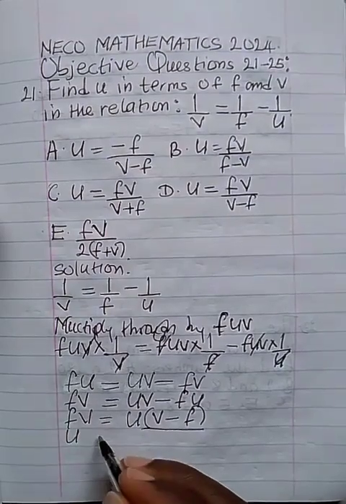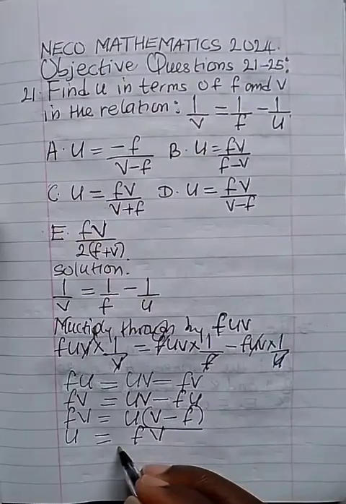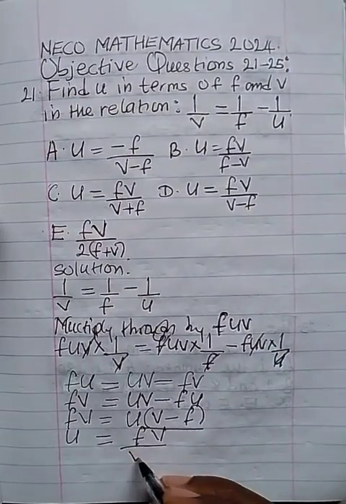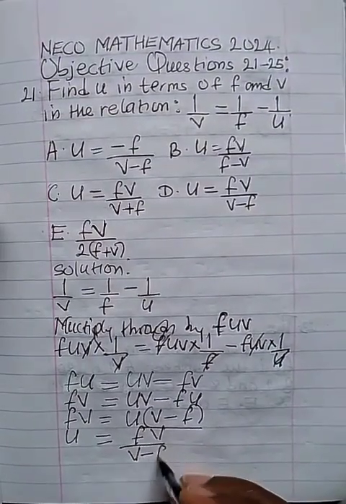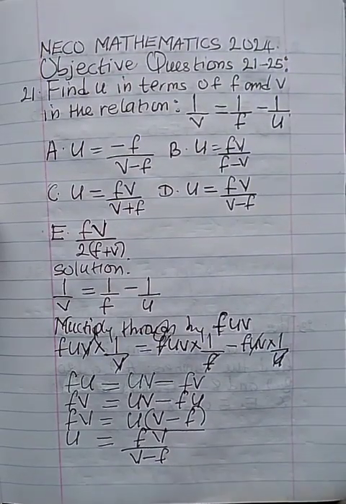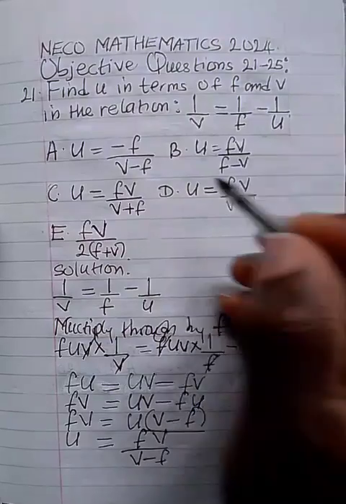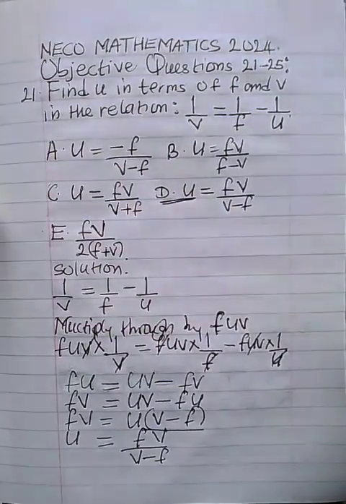So U is equal to FV over V minus F. The correct option is D, FV over V minus F.